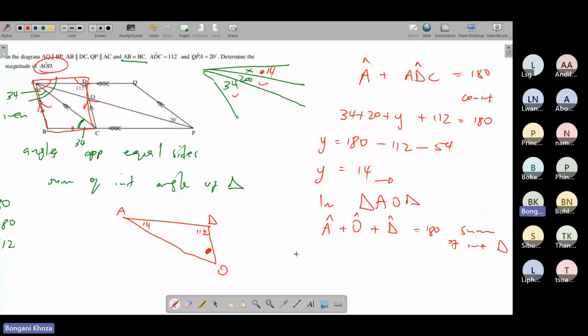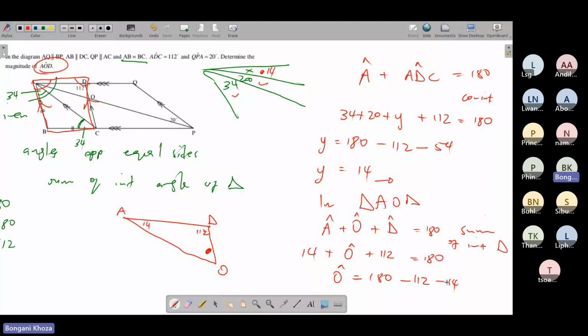Angle A we know is 14. Angle O we write as angle O because we don't know it. Angle D is 112, equals 180. So angle O will be 180 minus 112 minus 14. What do we get?